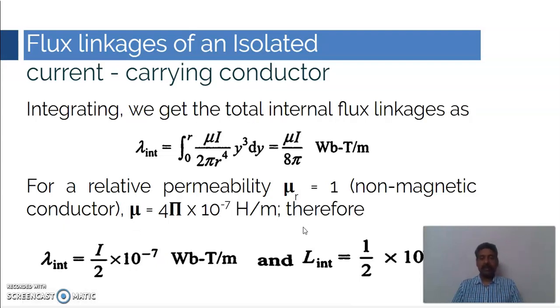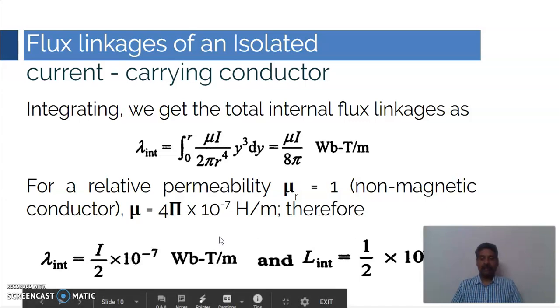It is simple, lambda by I, the ratio of flux linkages with respect to I. If you divide, the inductance due to internal flux is 1 by 2 times 10 power minus 7 Henry per meter.